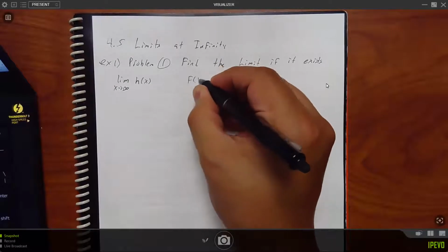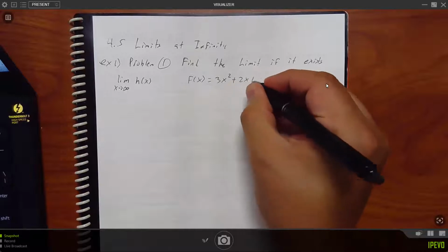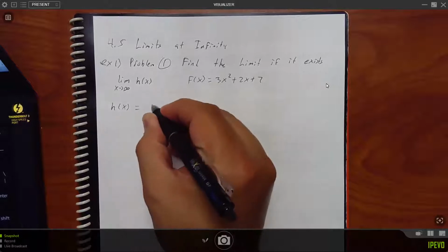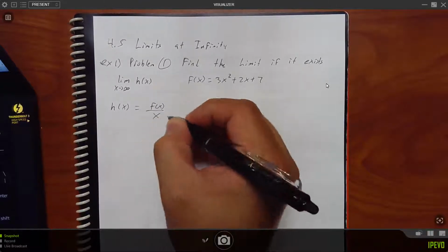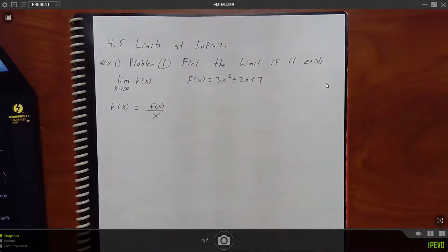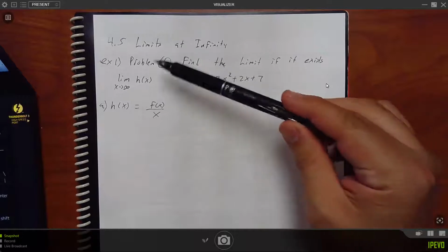They give us an f function. They say 3x squared plus 2x plus 7. Then they tell us that h of x is equal to f over x. Yeah, I see. So this is part A. So they want to do all these limits.